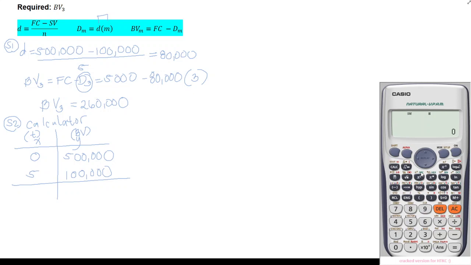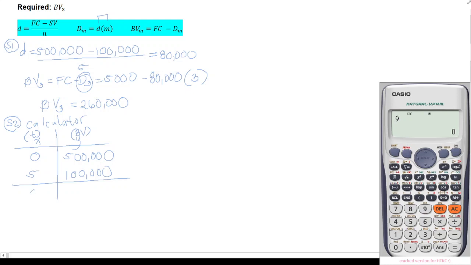To save that, press shift, go to statistics, that is 1, and then choose regression, which is 5, and then the y hat, that is 5. Since the book value is the requirement, that is the y hat, and for x, the third year is the requirement.